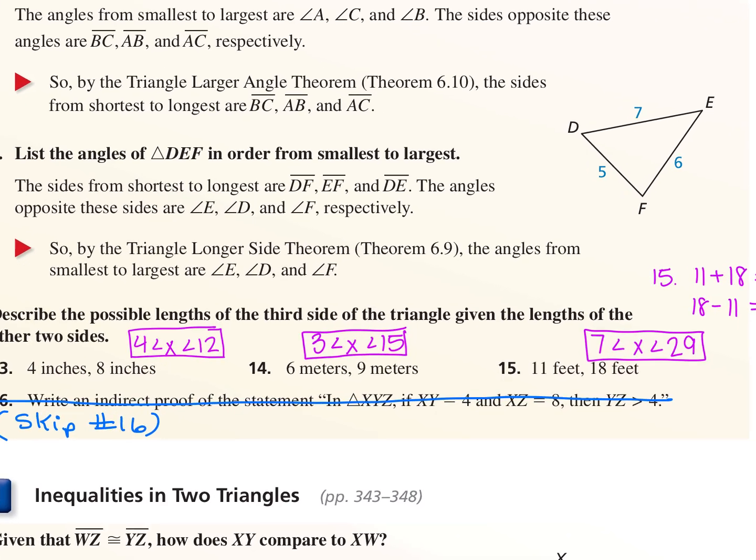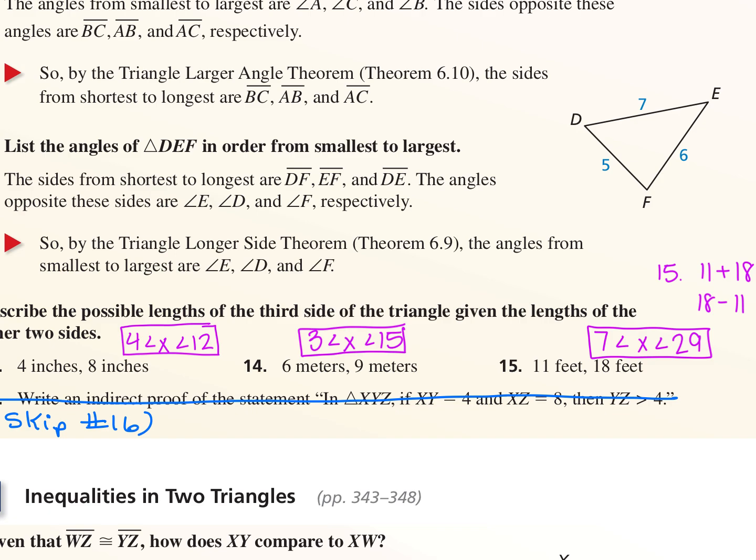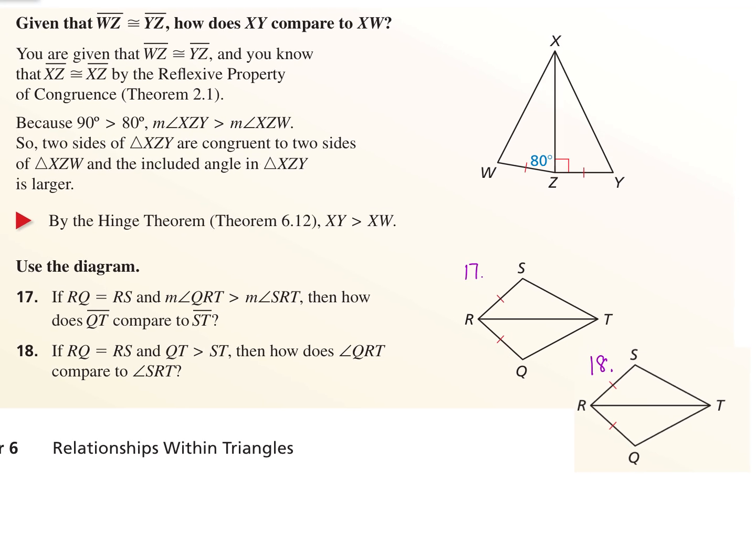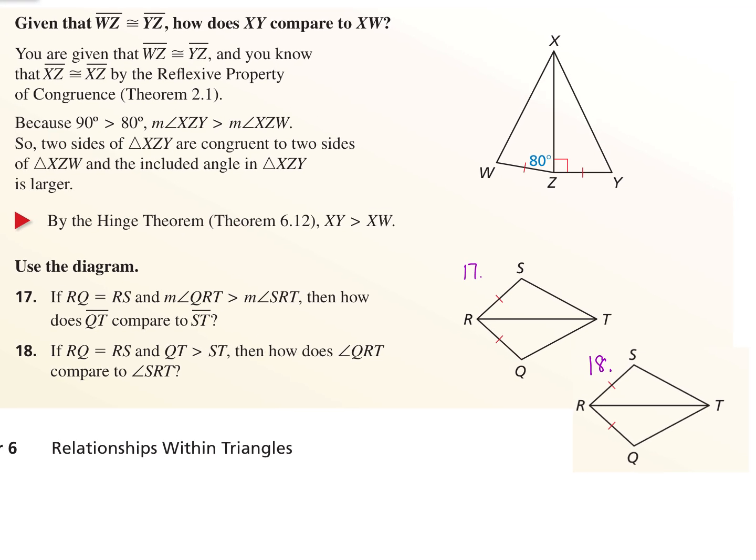All right, questions, comments, concerns on 13, 14, and 15. Okay, and the last two, I did two diagrams so you could see it. It says if RQ and RS are equal and the measure of angle QRT is greater than the measure of angle SRT, then how does QT compare to ST?